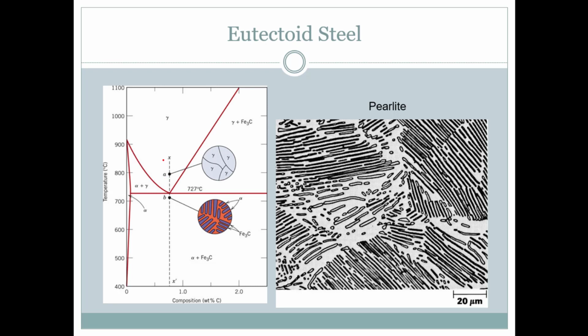If we are passing through this point exactly, this is eutectoid steel. If we are here, this is hypo. If we are here, this is hyper. And here is the microstructure, which we call pearlite. If we have a very dark area, this is Fe3C, and the light area is ferrite.